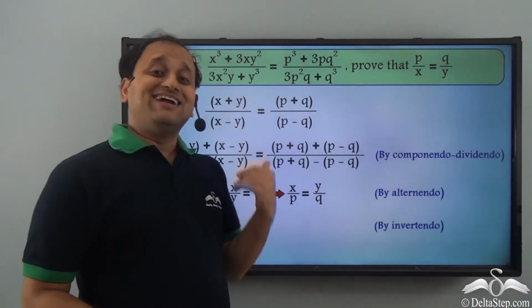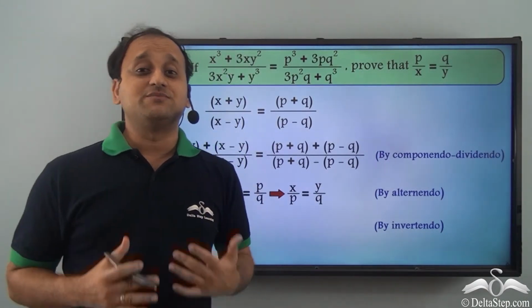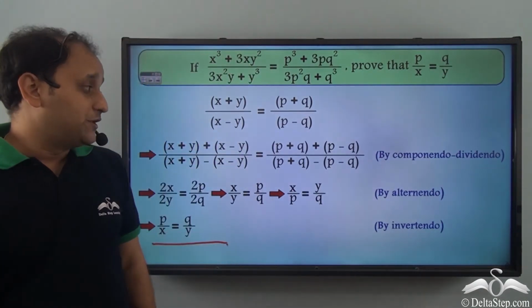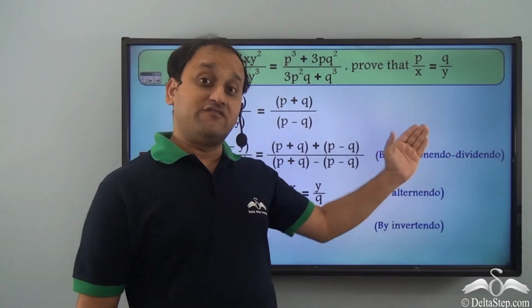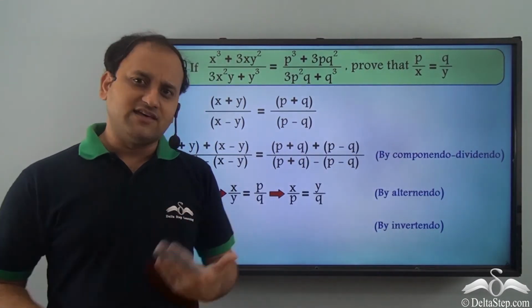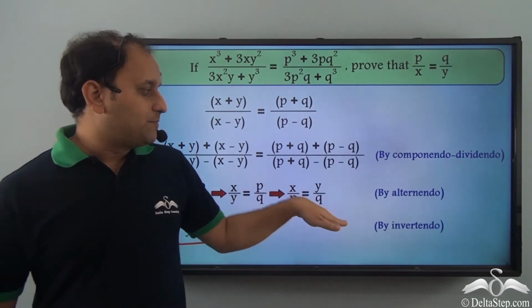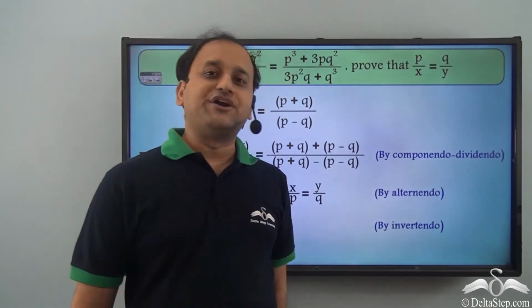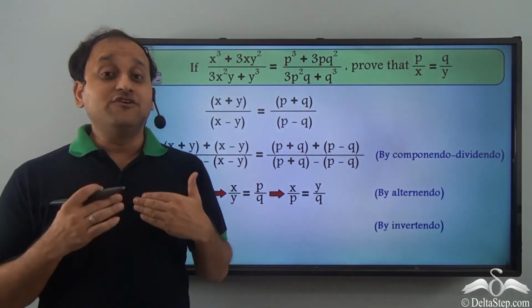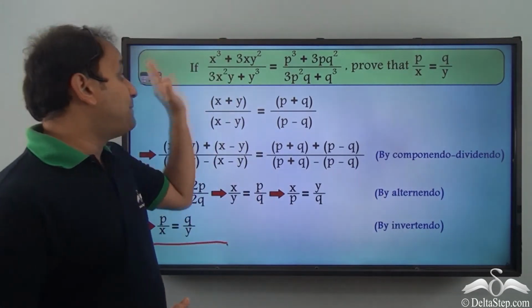So we applied different properties of ratios and proportions to reach the solution. We applied componendo dividendo twice to simplify the equation, and we also applied alternando and invertendo. But before that, we first of all tried to identify the pattern in the question.